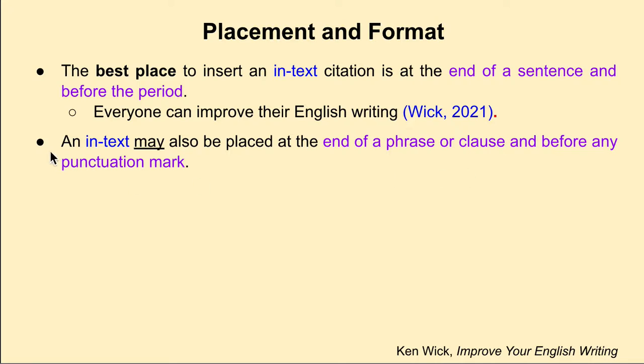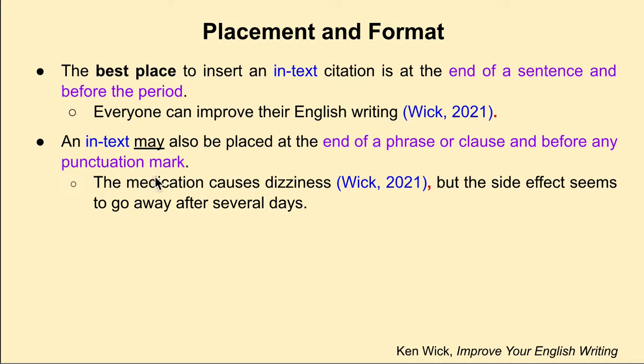But you may put the in-text source citation at the end of a phrase or clause and before any punctuation mark. So let's say you had a compound sentence. You could put it right after the first clause, just like this example. The medication causes dizziness. Then the in-text source citation would come at 2021. But the side effects seem to go away after several days.